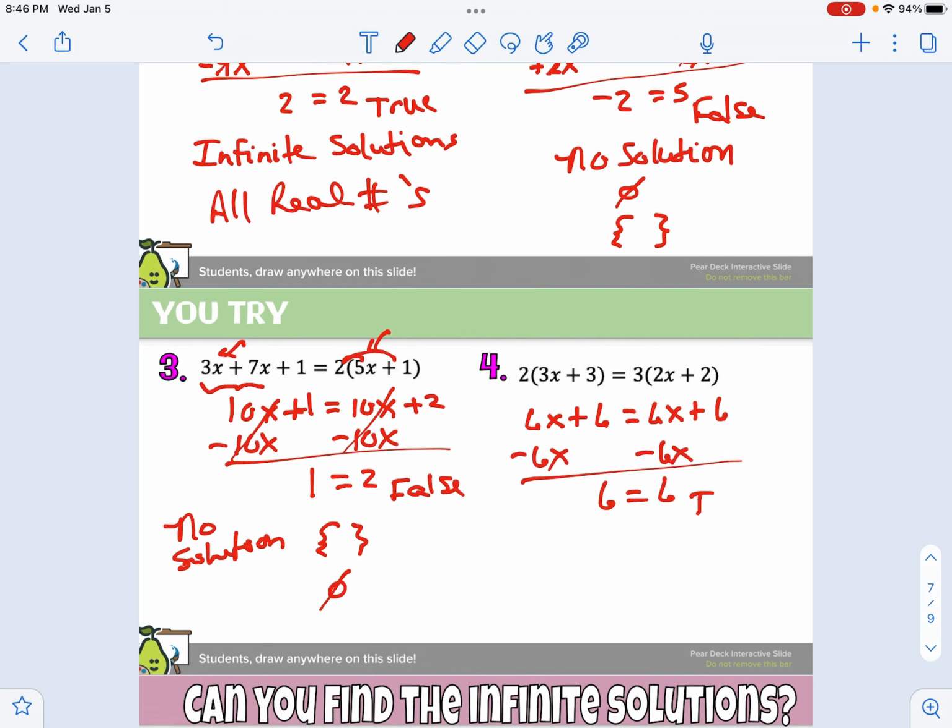It is a true statement that 6 does equal 6. Therefore, there's an infinite number of solutions. And you can say all real numbers will work in this equation. So not one solution, several, all of them that we know of.